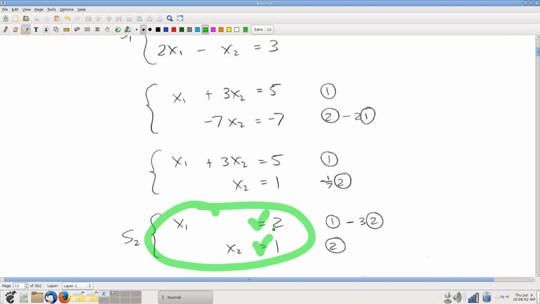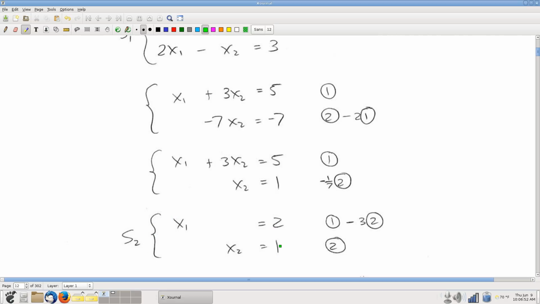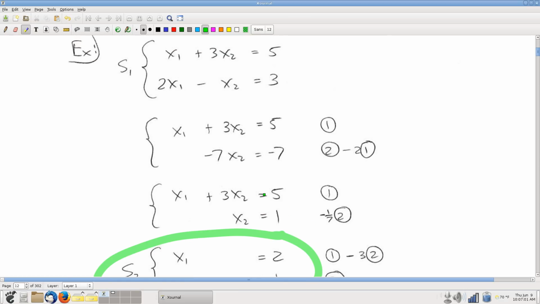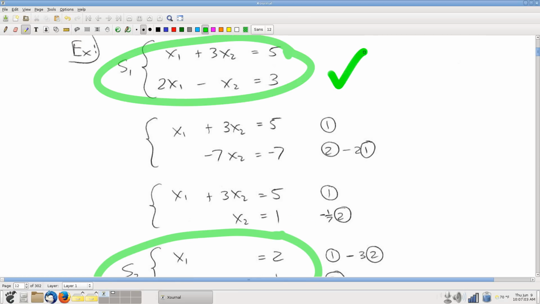I've not only found a solution, but I know that that's the only one; any other solution other than 2, 1 would fail at least one of these equations, and therefore not satisfy the system. So, easy to see the exact complete set of solutions to that system. And because of equivalence, I can conclude that what I've found is also the exact set of solutions to that system.